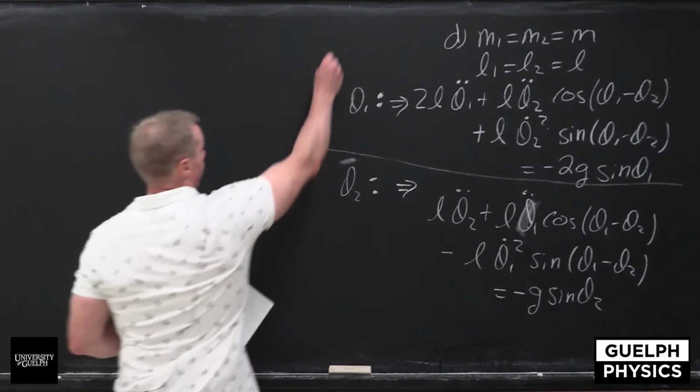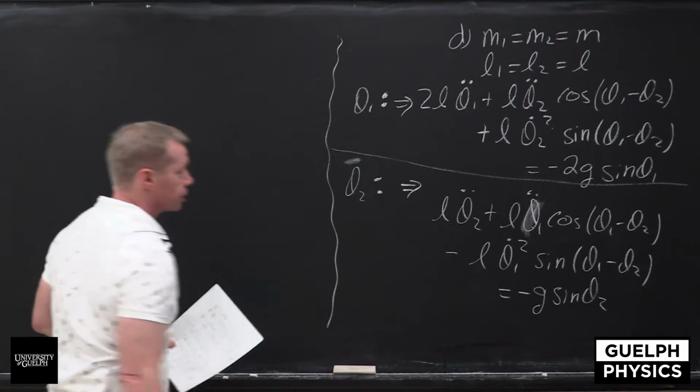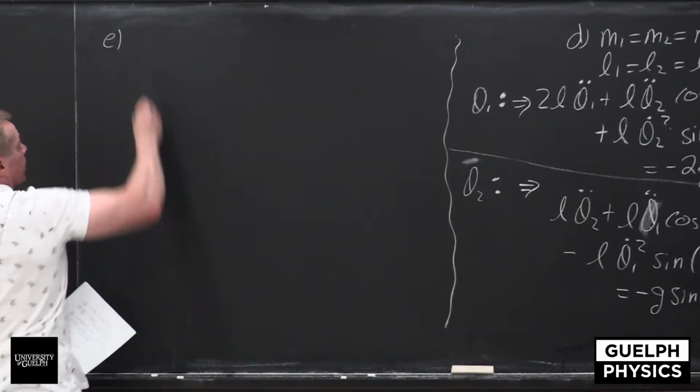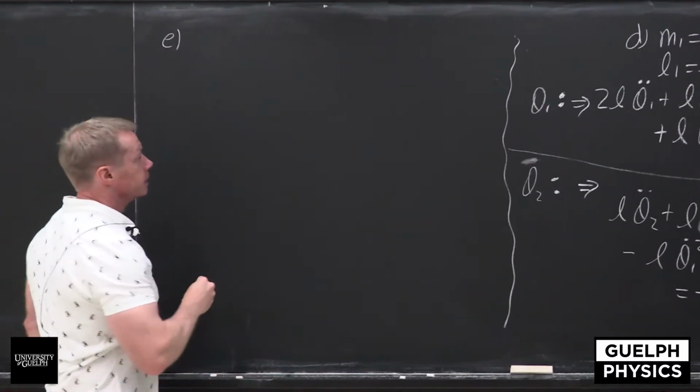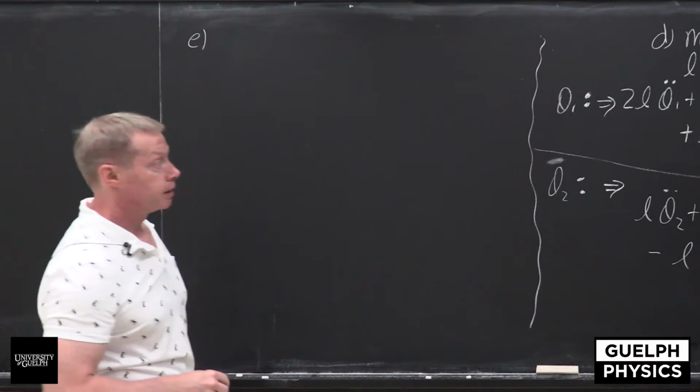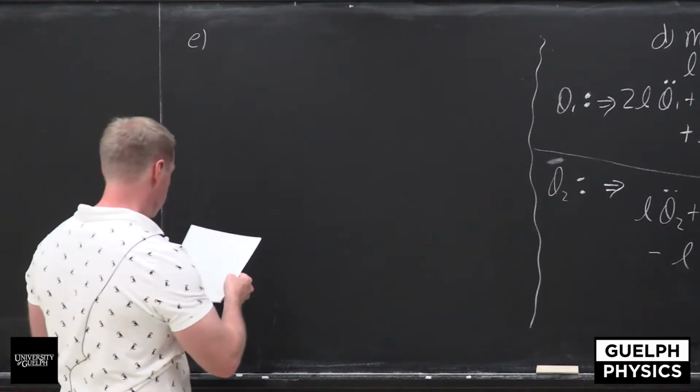So that was part D, just making those simplifications. And now we go to part E, and here the assumption was that we will make the small angle approximations.